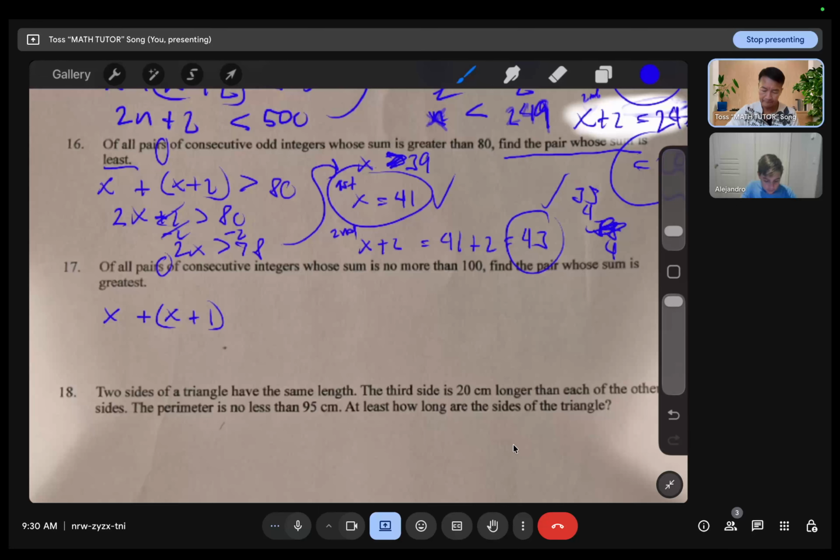No more than 100. This could be tricky again. So no more than 100 would be less than or equal to. Yes.